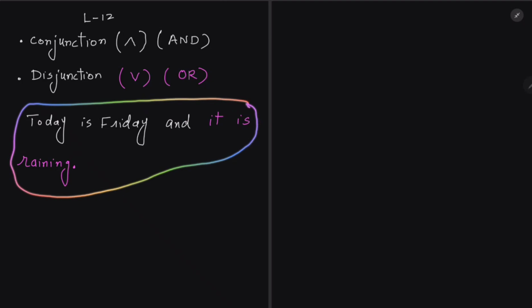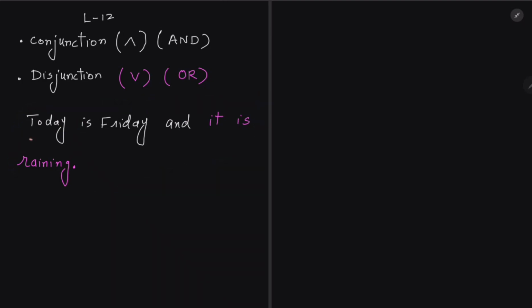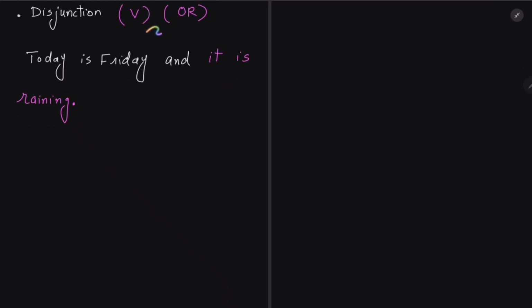It depends on whether the first statement is true or the second statement is true. So we make a truth table of conjunction. We are talking about the truth table for conjunction.